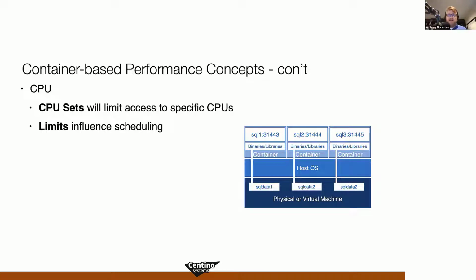So I can say this container can only use one processor. And what that's going to do is schedule that container such that it only uses one core's worth of CPU. And I say it like this because it doesn't limit it to one core. It's one core's worth of CPU. Shares will kick in when the CPU gets constrained. So basically it's limits, but they don't start coming into play until there's already some resource constraints.